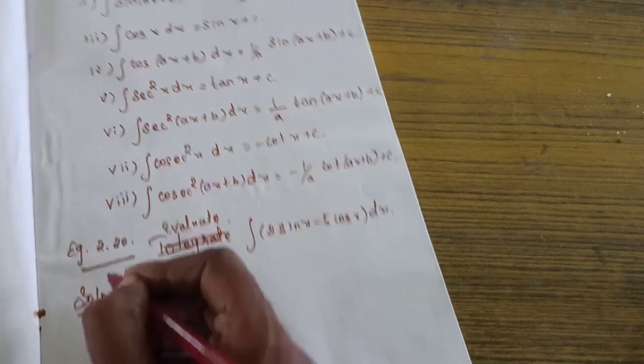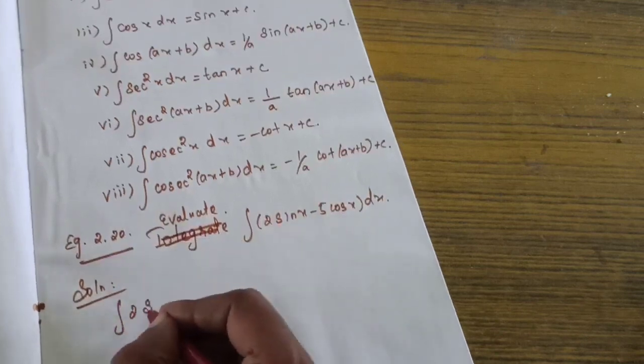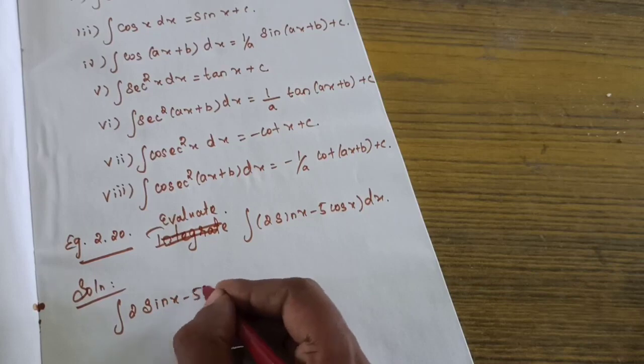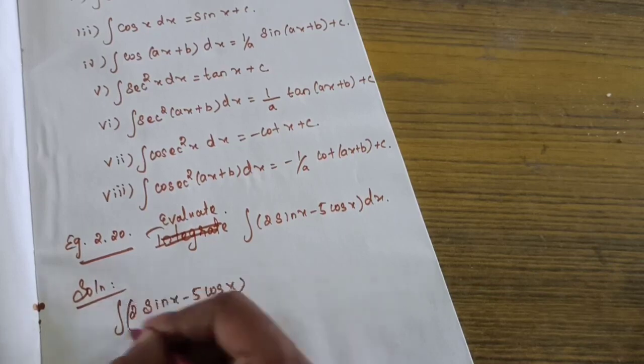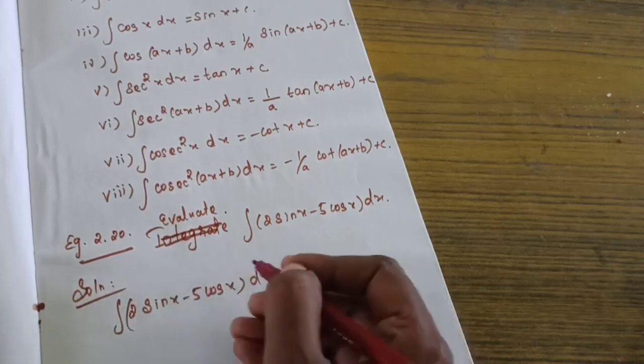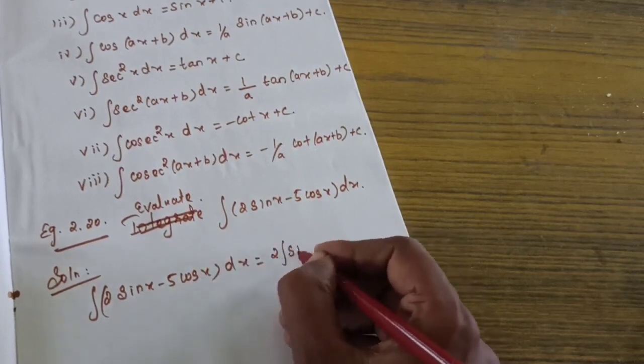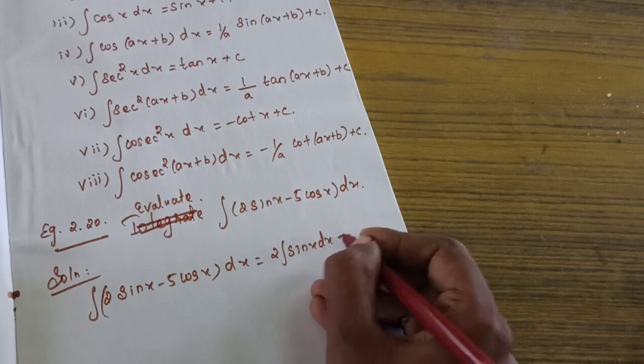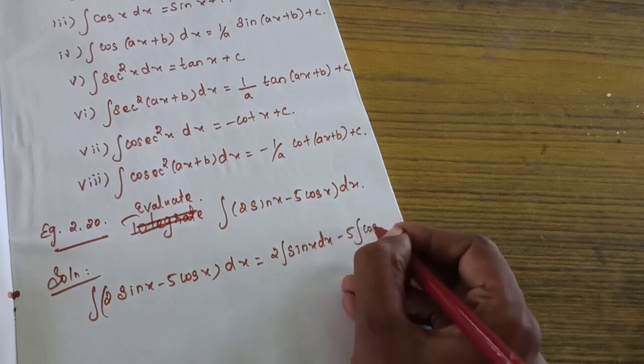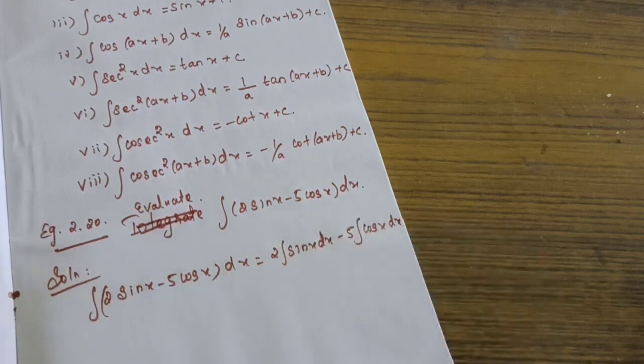Solution. Integral of 2 sin x minus 5 cos x dx, shall we split it as 2 into integral of sin x dx minus 5 into integral of cos x dx. So what I did? I took the constant outside and I split it.